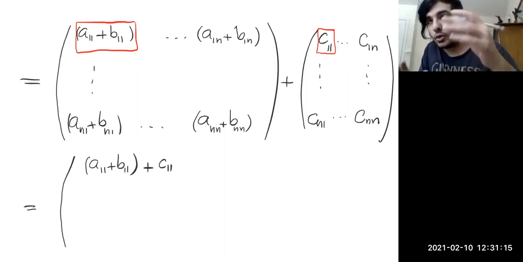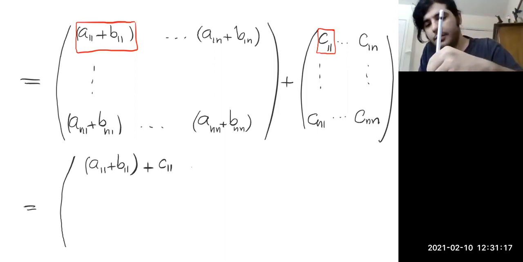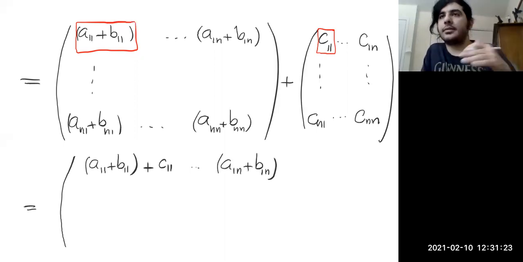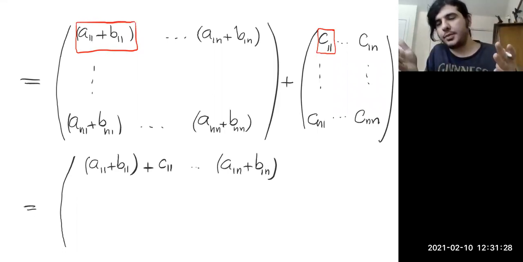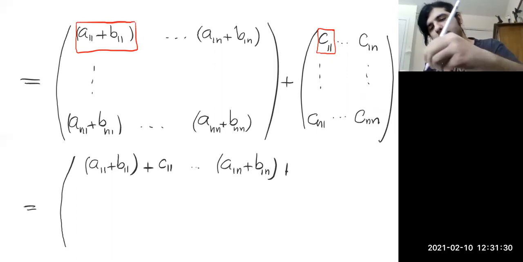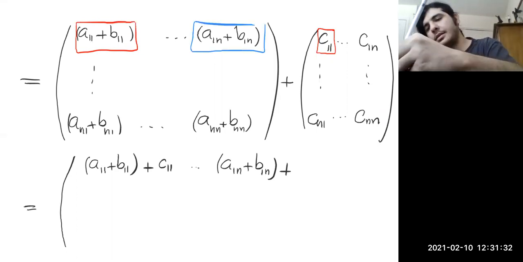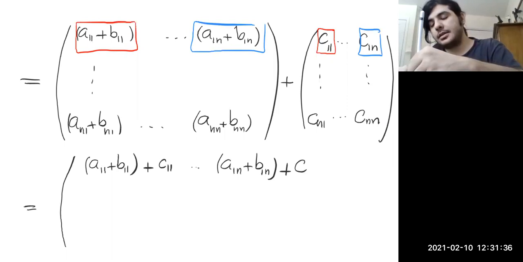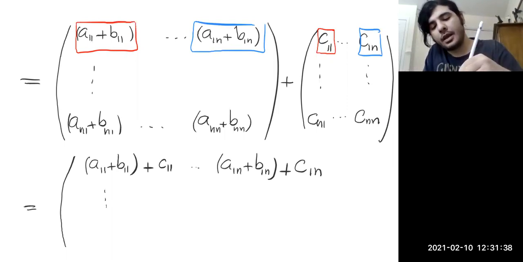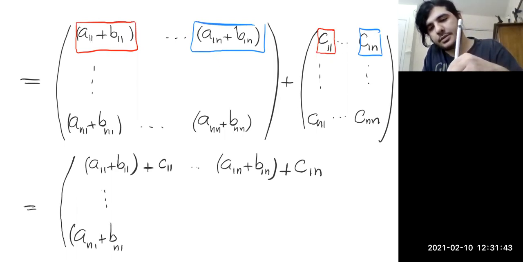And I should do the same thing for the other components. The last element in the first row of the first matrix is A1n plus B1n here, and then we would add the same corresponding element in the matrix C, it's C1n. We continue doing that for all components.